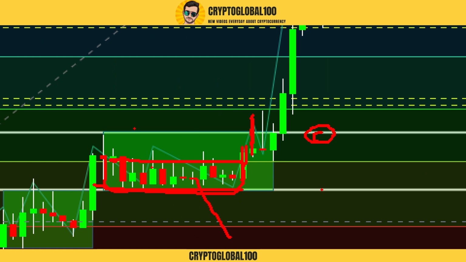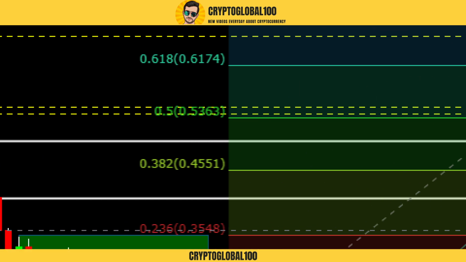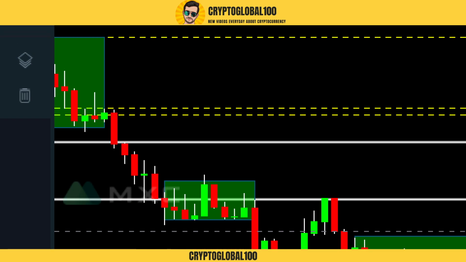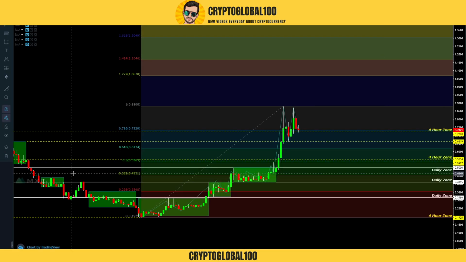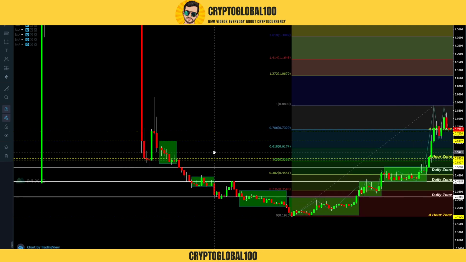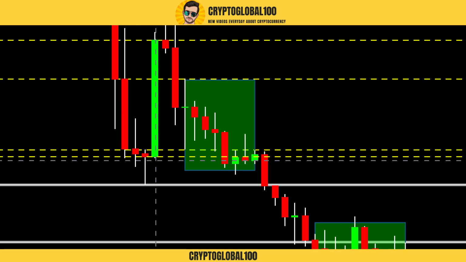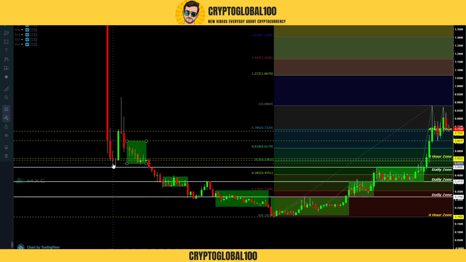It created a new swing high. Again, price tested this level, which was 0.5. You see a perfect Fibonacci level, in correlation with the 4-hour zone. Let me show you here.